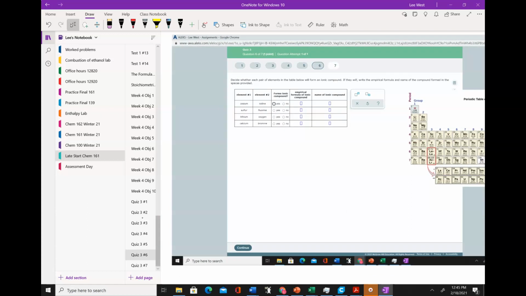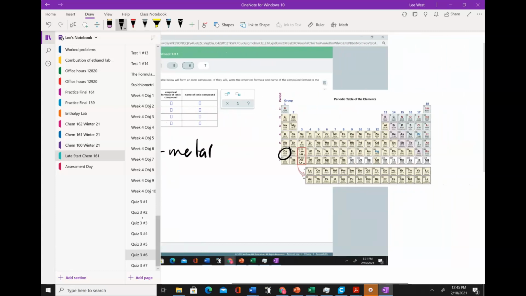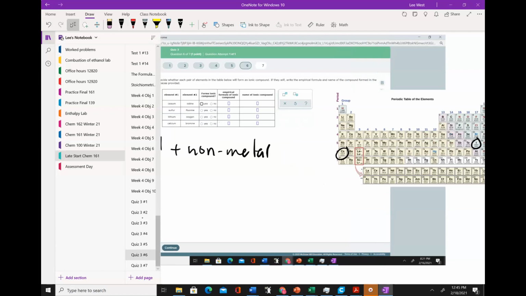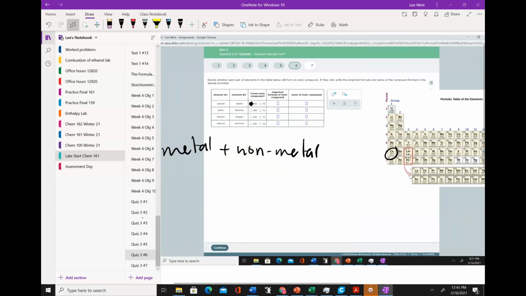Remember, an ionic compound forms between a metal and a non-metal. So what do we got here? We got cesium and we got iodine, yellow and green. That's a metal with a non-metal, so yes, it forms an ionic compound. Then we've got sulfur with fluorine. They're both non-metals.